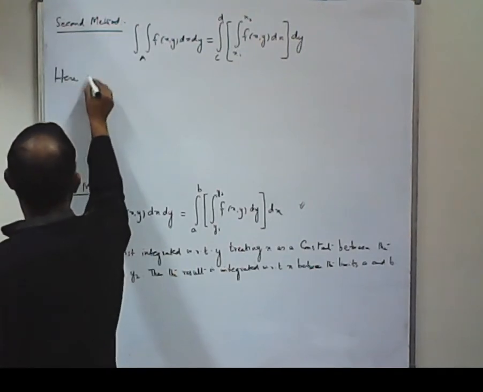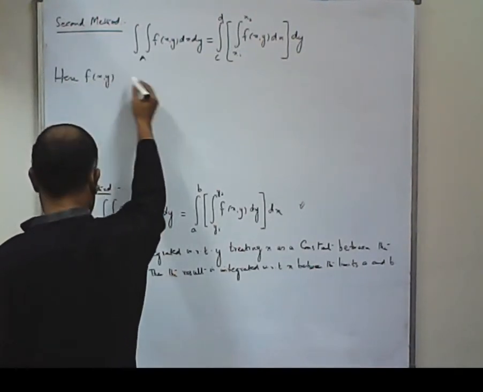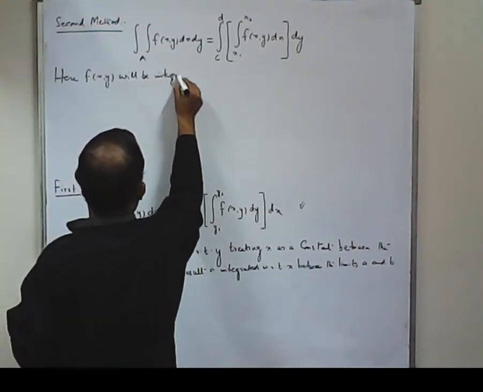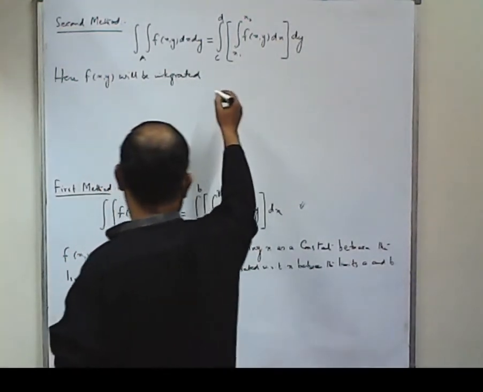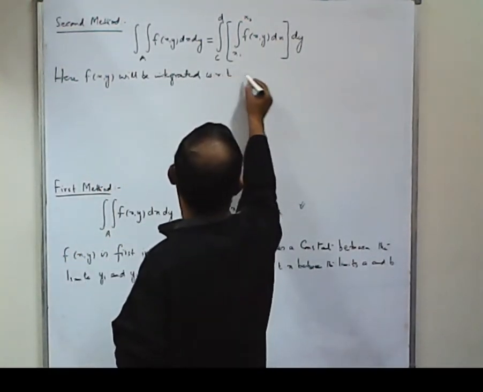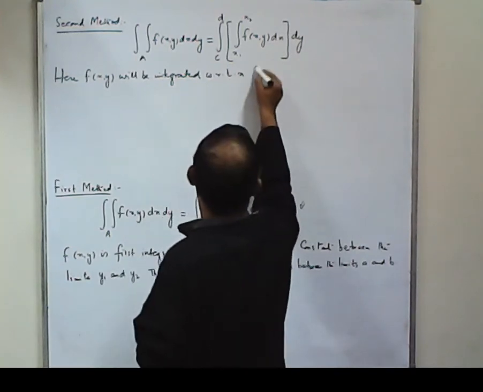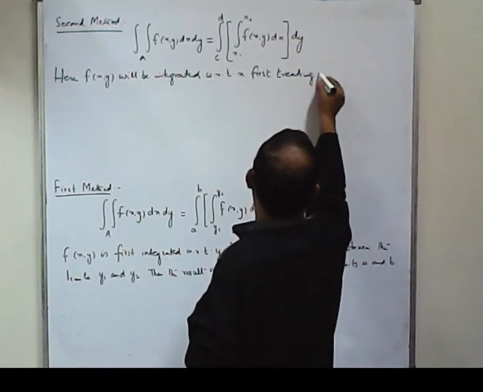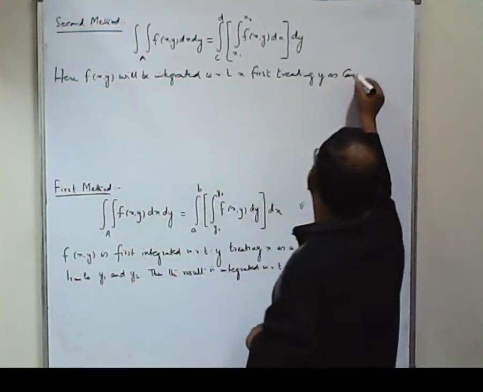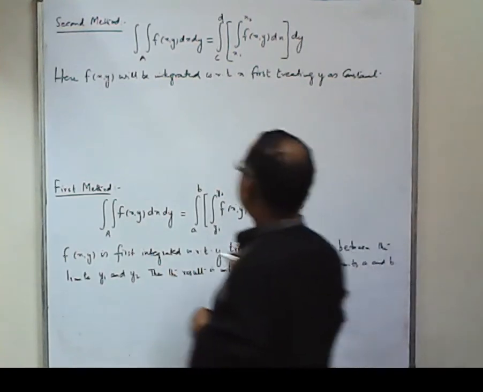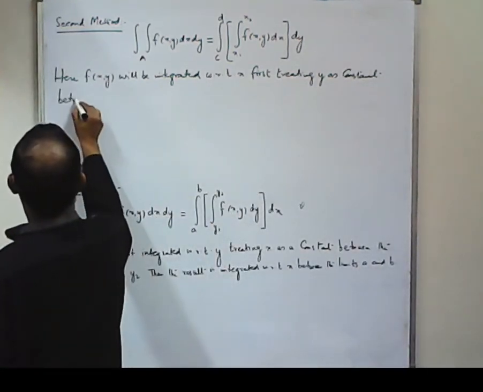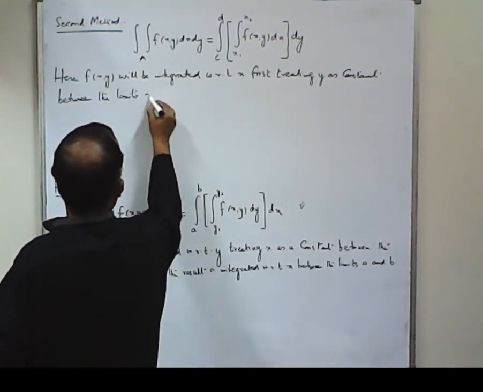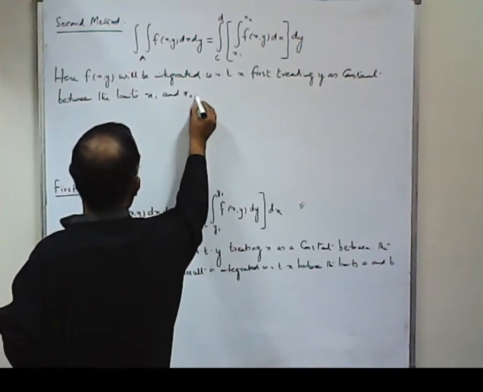Here f(x,y) will be integrated with respect to x first, treating y as constant, between the limits x1 and x2.